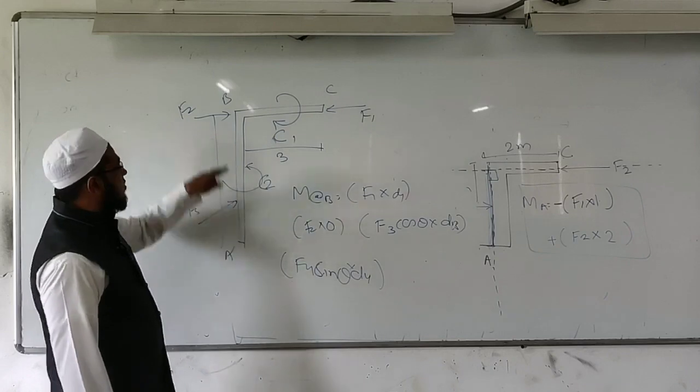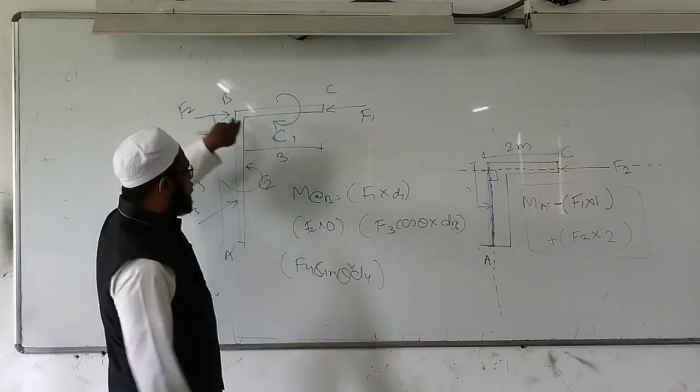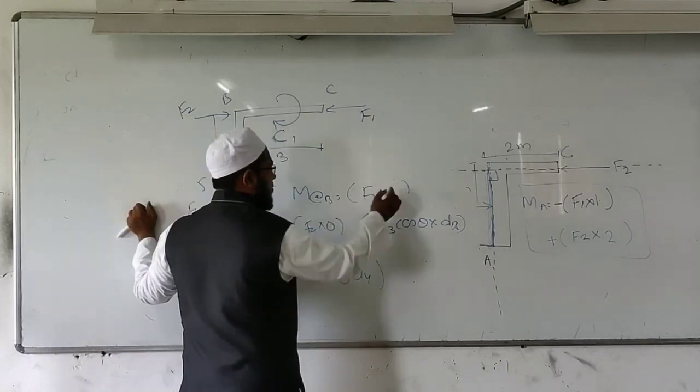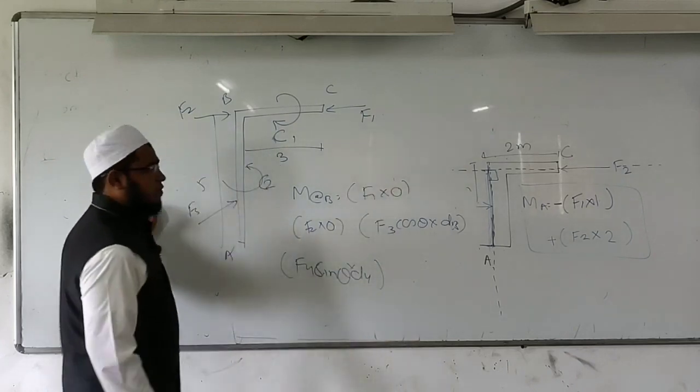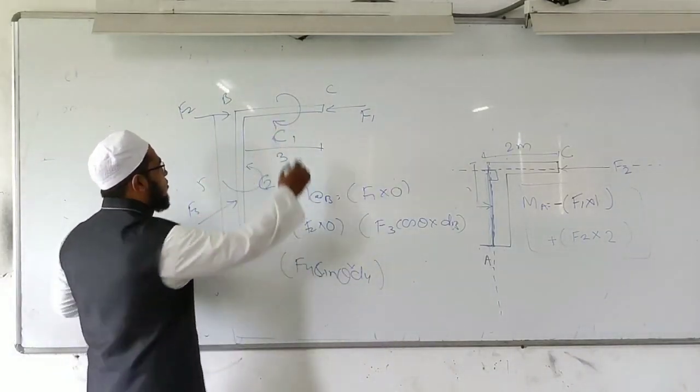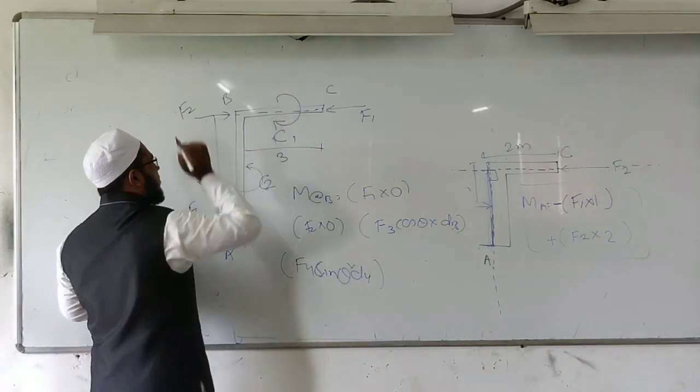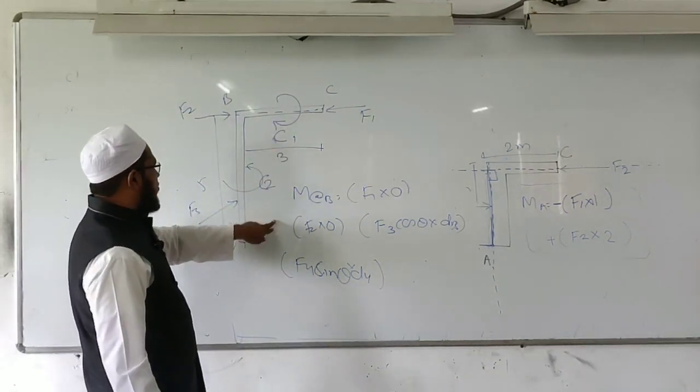These are the forces. F1 into D1, moment center is B, means the perpendicular distance for F1 is also 0 because the line of action is passing through moment center B. When I extend this, it is 0. For F2 also it is 0.